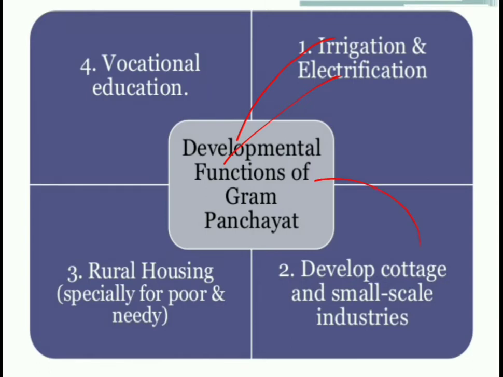Next one, development of cottage and small scale industries. Those who have cottages to develop, and who want to become self employed, those persons get loans from the cooperative bank, as well as to run small scale industries in their villages, as well as to construct rural housing for BPL card holders, meaning below poverty line, who are not able to earn 150 rupees in one day.